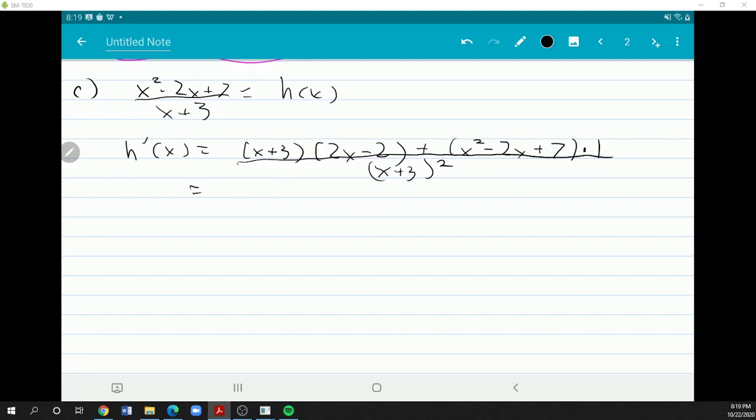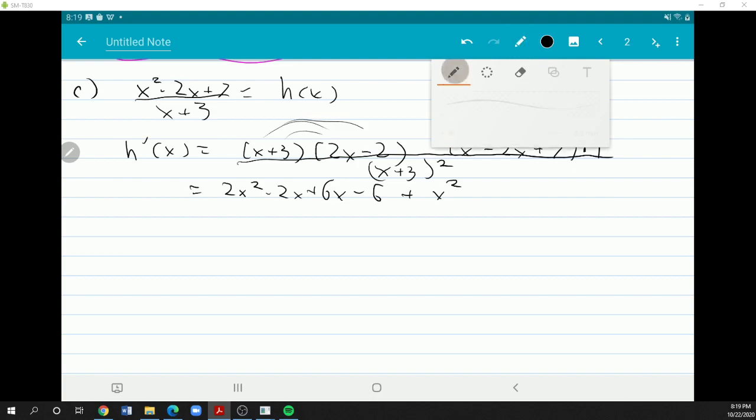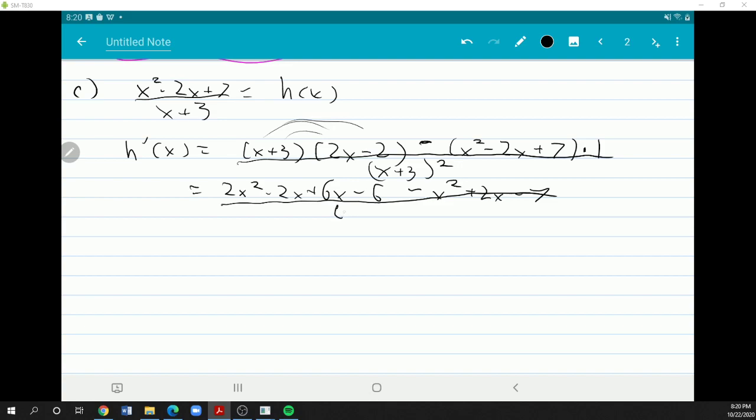Let's solve. So I get, foiling out, 2x squared minus 2x plus 6x minus 6, plus, this should be a minus here, not a plus, by quotient rule. Minus x squared plus 2x minus 7 over x plus 3 squared.